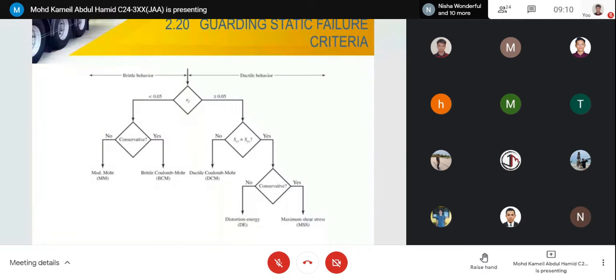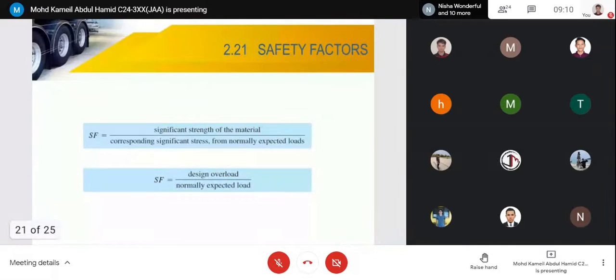Why do we consider all these failure theories? Because we would like to figure out the safety factor for our component. We need to design, or come out with, the safety factor for our component, and that will involve this static failure theory and fatigue failure theory later on.